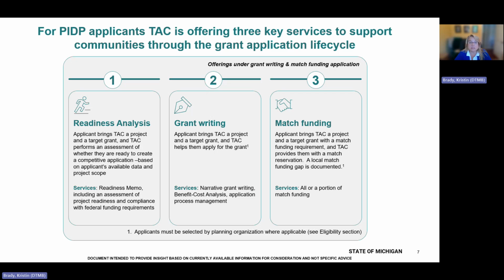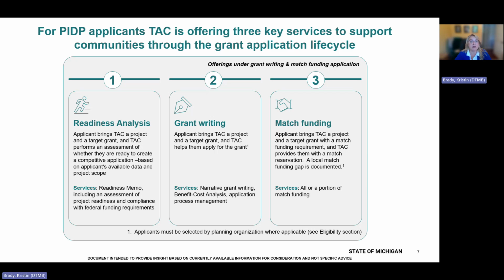If it's determined that it looks like it'll be competitive, that everything's sort of lined up, then we will move it to the grant writing stage, where the community and the consultants will prepare a plan to meet regularly and do grant writing.